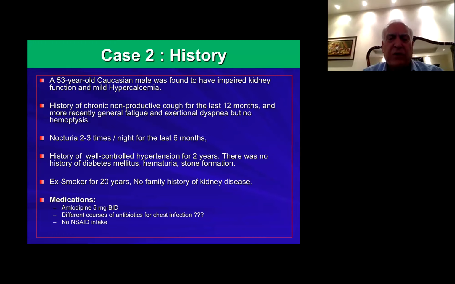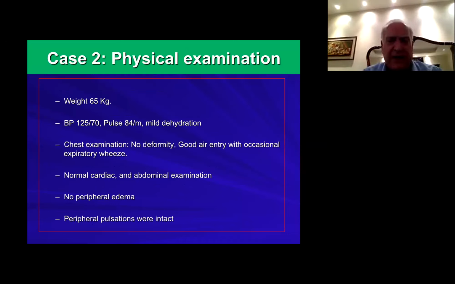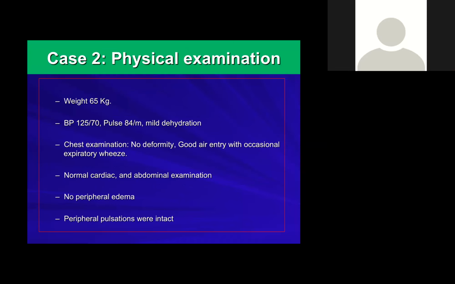History of well-controlled hypertension for 2 years. Ex-smoker, on allopurinol, amlodipine, different courses of antibiotics for chest infection, no non-steroidal use. His weight is 65 kilos, blood pressure is acceptable, mildly dehydrated, good air entry bilaterally, occasional wheeze, cardiac and abdominal examination normal, no edema, peripheral pulsation present.